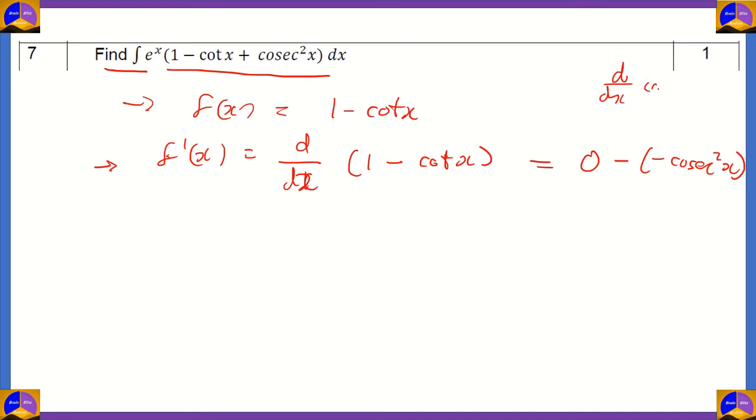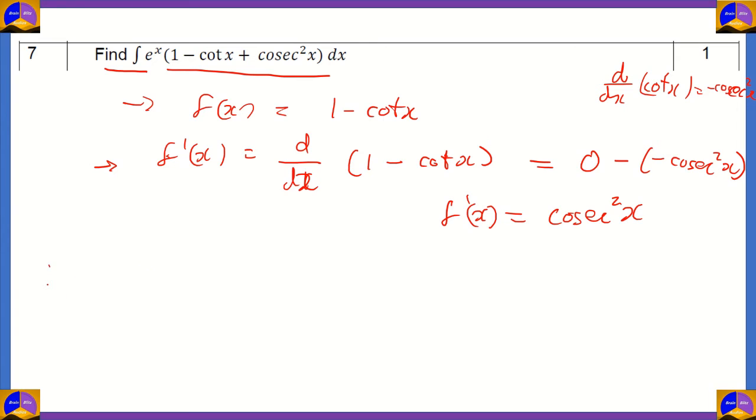Let me write it down. D by dx of cot x is minus cosecant square x. So therefore, minus of minus cosecant square x is just plain old cosecant square x. So this is the value of f dash x. So we have f of x as 1 minus cot x and f dash x as cosecant square x.